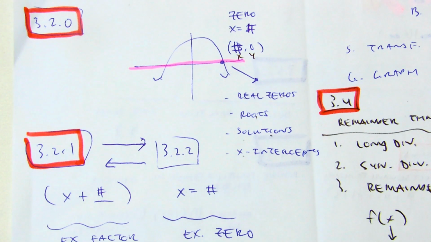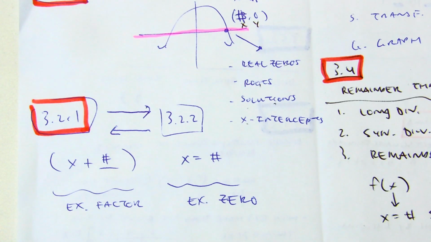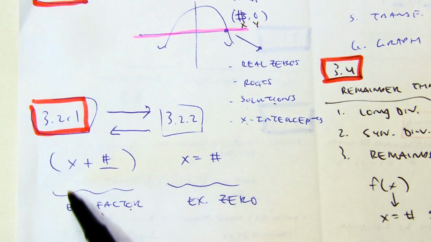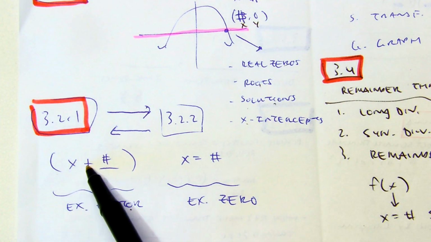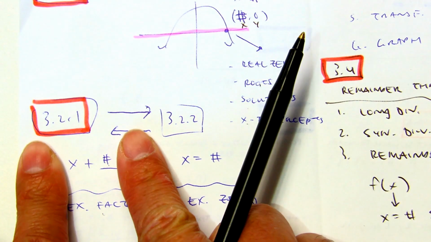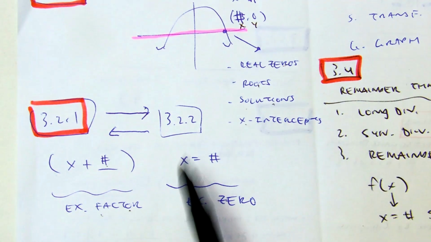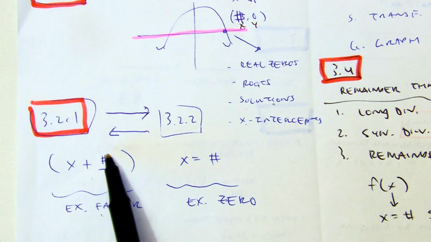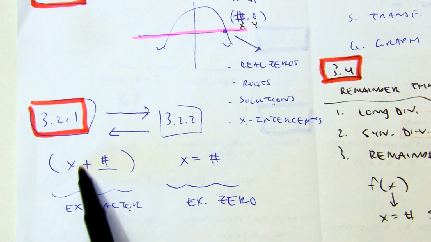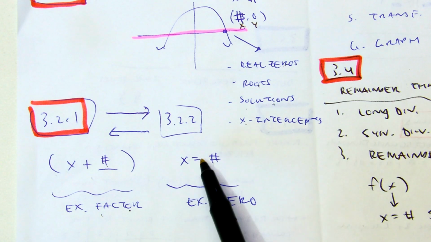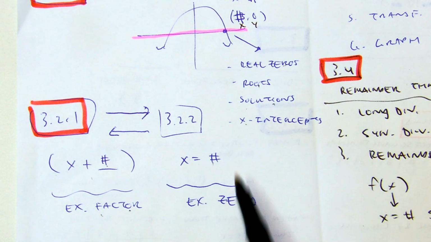In 3.21 and 3.22, we asked you, well, if you were given a factor, let's just say x plus 4, now you could write it without parentheses or with parentheses, and to go from this to this, all you're going to do is, well, if this is x plus 4, you would just subtract and you would get x equals negative 4. So when it says x equals the number, that is called a 0.